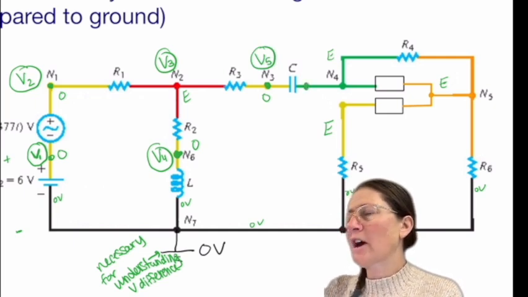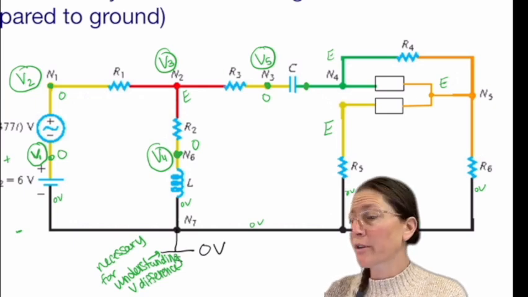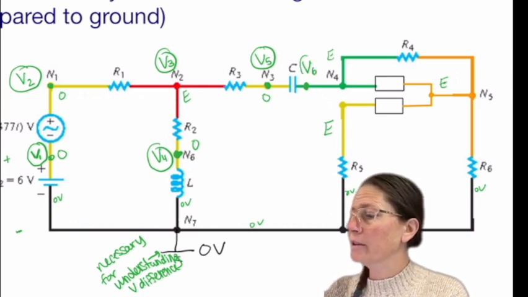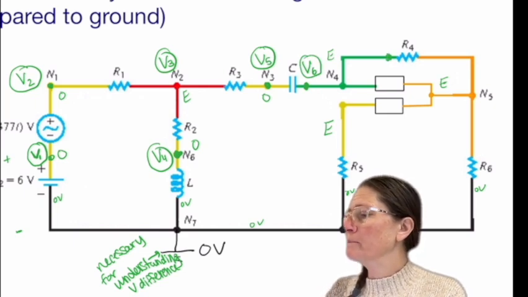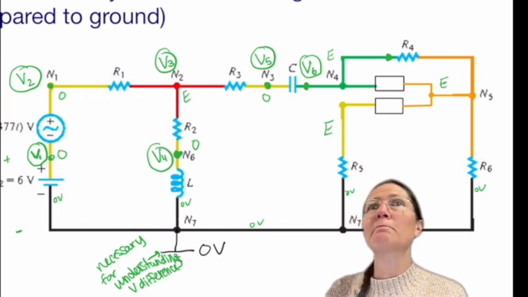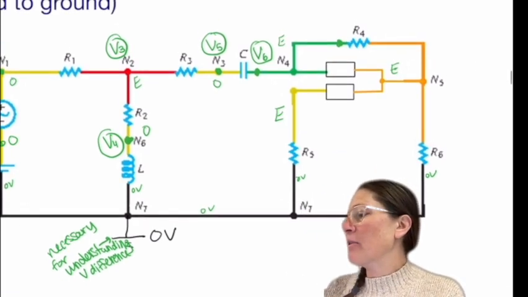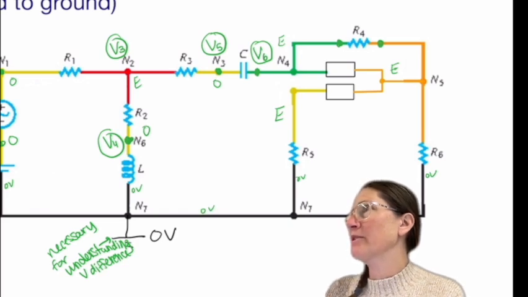What about here? Is that V5? Nope, it would be something else, so V6. What about here? That's still going to be V6, that's the same. Hopefully you're seeing this. What about the orange wire, at this point? Same as V6 or something different? Different, so V7.